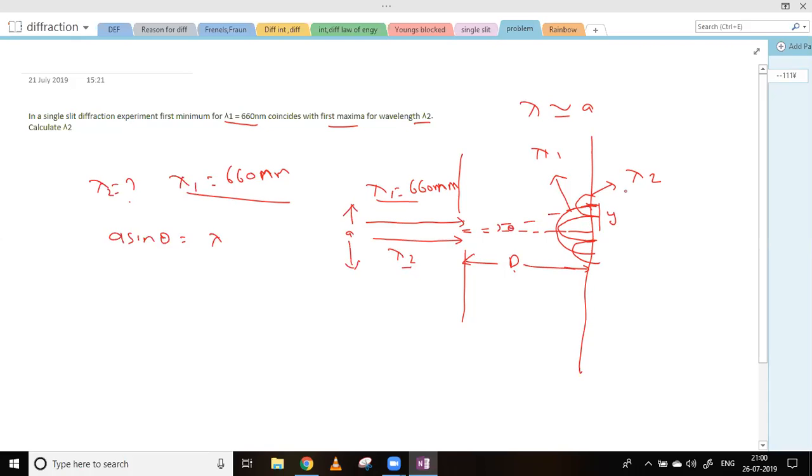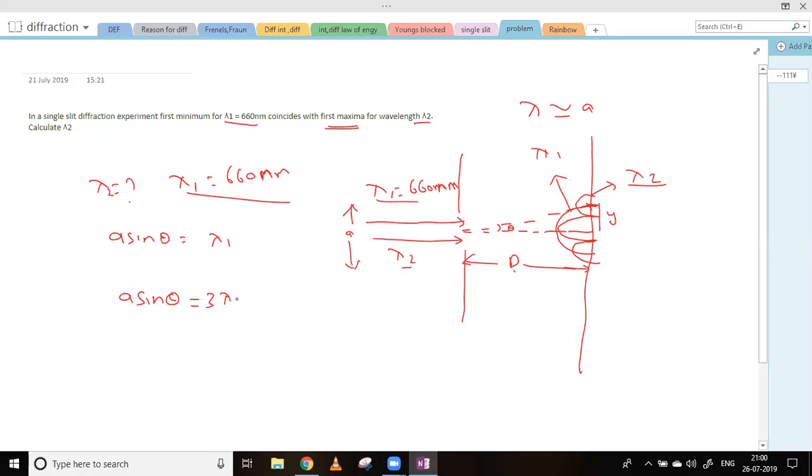In the case of light of wavelength lambda 2, we got the first maximum. Now the condition to get the first maximum is a sin theta, and here also I am writing theta, because in both cases my y is the same. That is, in both cases sin theta is the same, and a is also the same. A sin theta is equal to, the condition to get the first maximum is 3 lambda by 2.